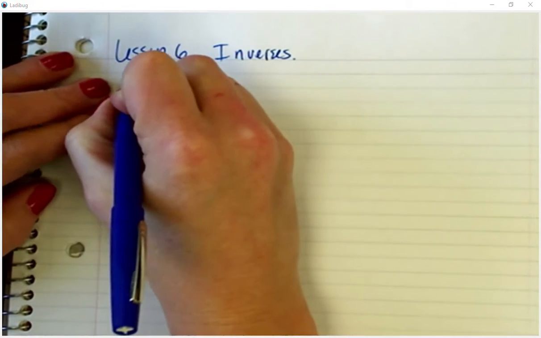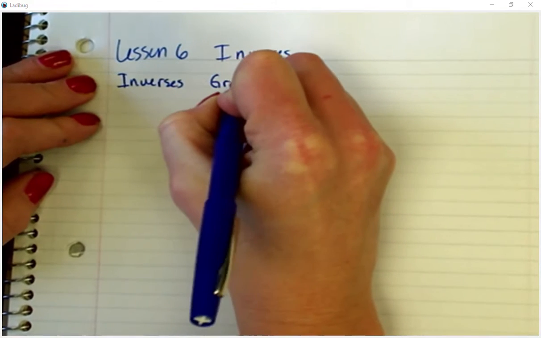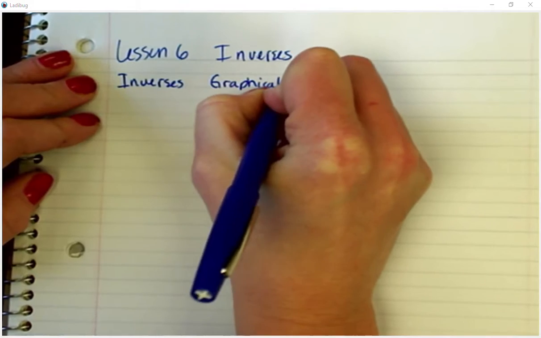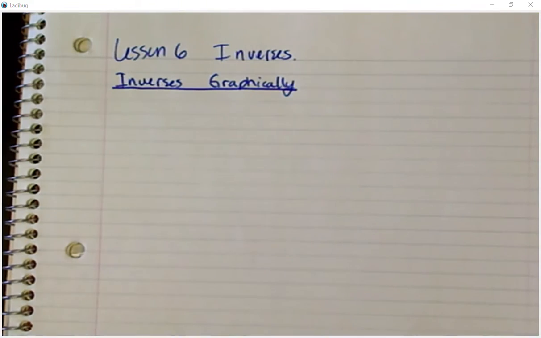Okay, so inverses graphically. Does anybody remember how inverses are related graphically? Now you had a couple graph examples on the back of this to look at. Anyone remember how you could find them?